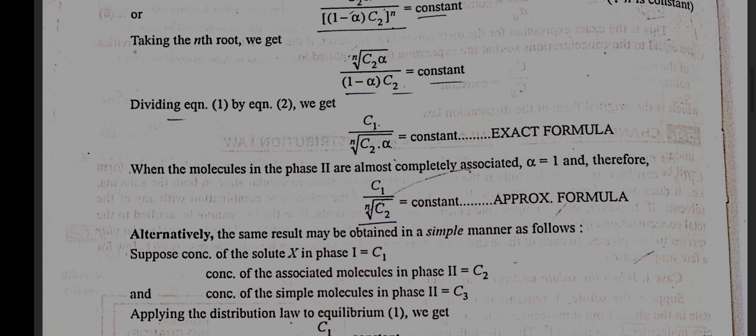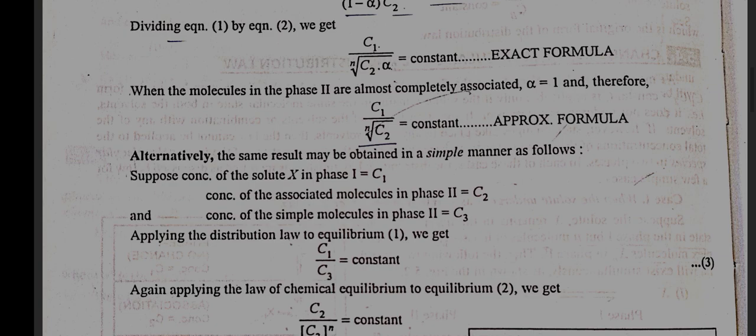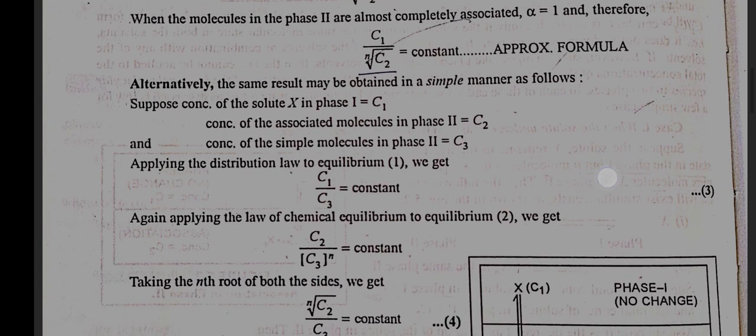When the molecules in phase 2 are almost completely associated, alpha is equal to 1, and therefore C1 by square root of C2 is equal to constant. Alternatively, the same result may be obtained in a simple manner as follows. Suppose concentration of the solute X in phase 1 is equal to C1. Concentration of the associated molecules in phase 2 equal to C2. Concentration of the simple molecules in phase 2 is equal to C3.